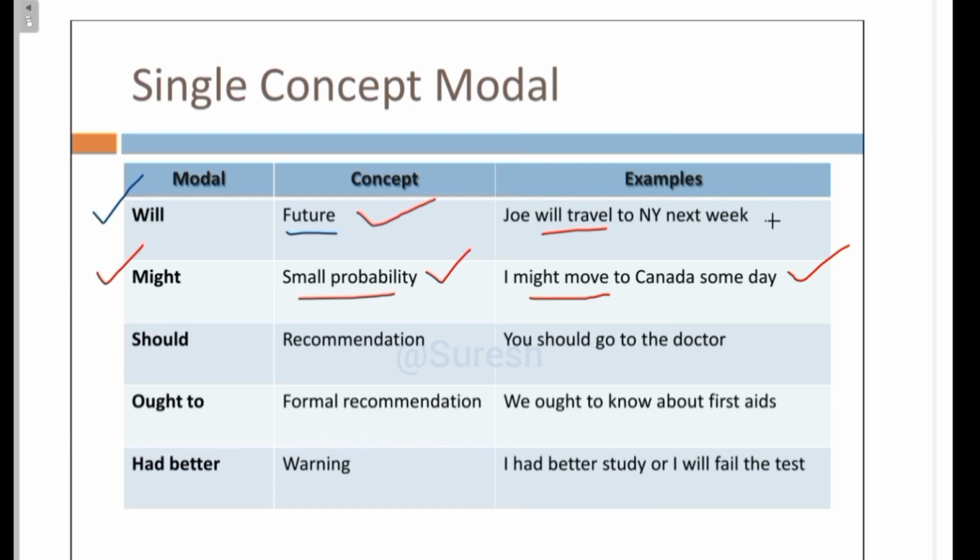So there is a small probability that I might go to Canada one day. See, will is used for a different concept, might is used for a different concept.